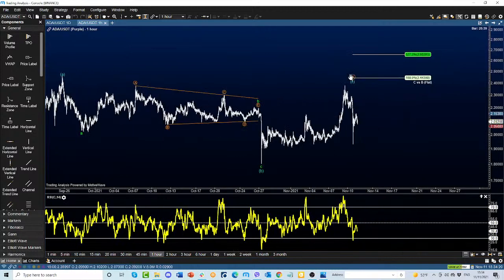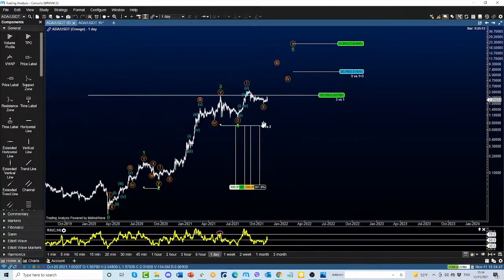We looked for a pullback, if you remember, in some type of corrective move up to these levels on ADA, and then a reversal, which we got yesterday. So in my opinion, ADA still does not show any impulsive move on the upside yet. We will have to go sizably higher to negate this move down and for the bullish wave count to develop further on ADA.